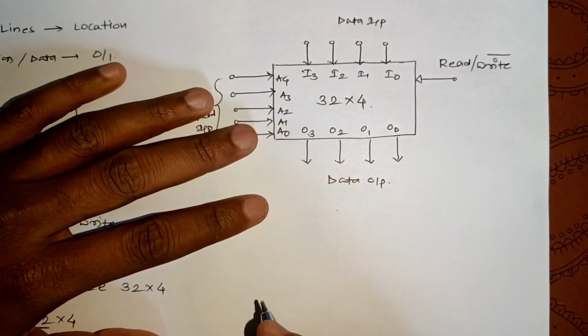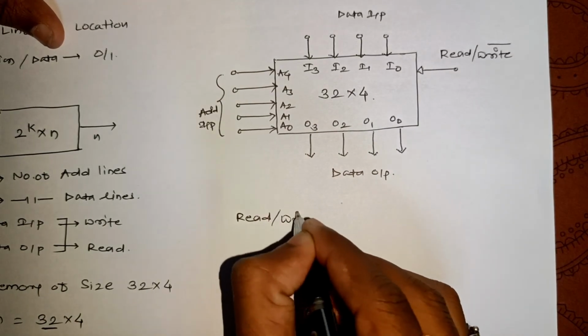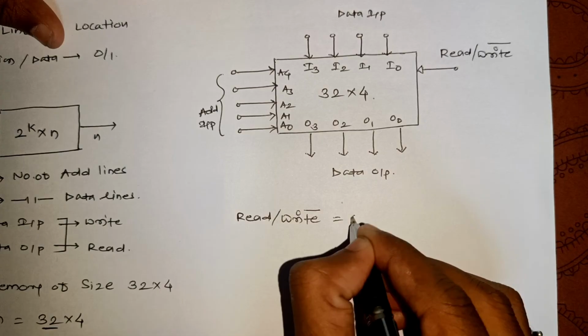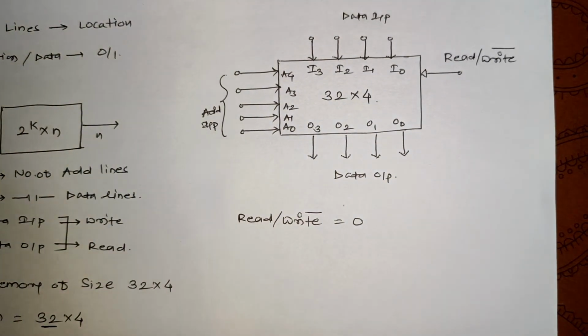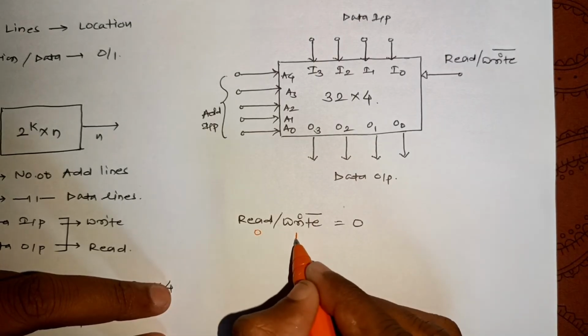अब ये किस तरह से वर्क करता है तो देखिए, रीड ऑब्लिक राइट बार. Now whenever it is 0, yes, so we will get read 0 or its complement, यानी 1.